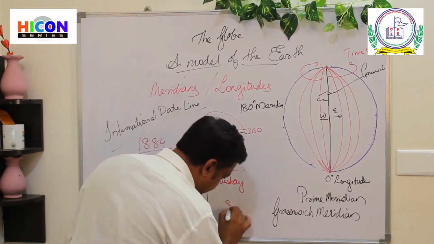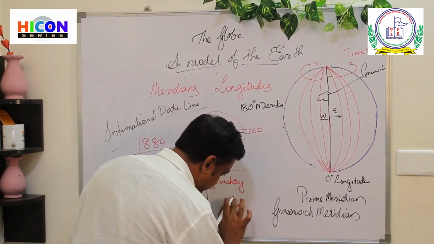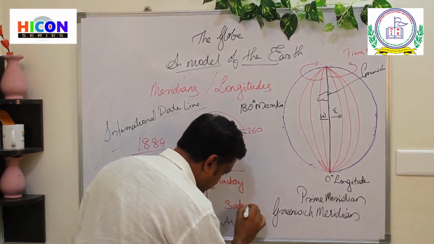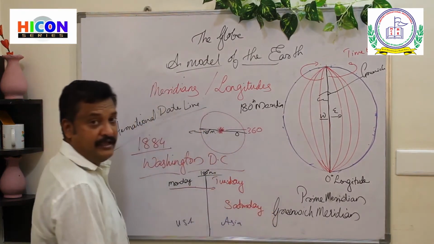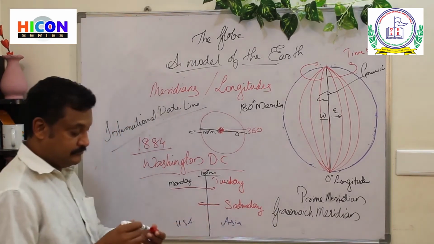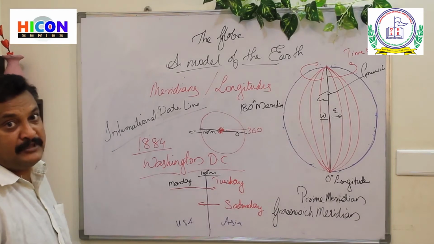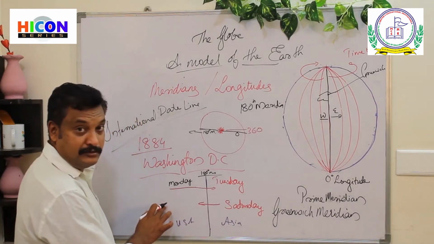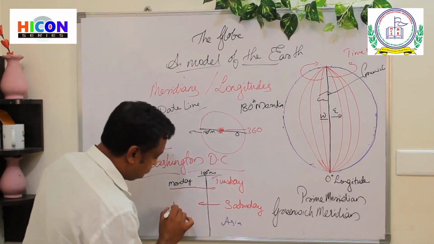Imagine on Saturday you started from Asia. Okay, and by Saturday noon itself you have crossed this line. But what happens? You reach here on a Friday.